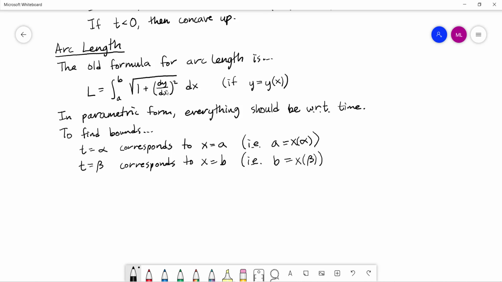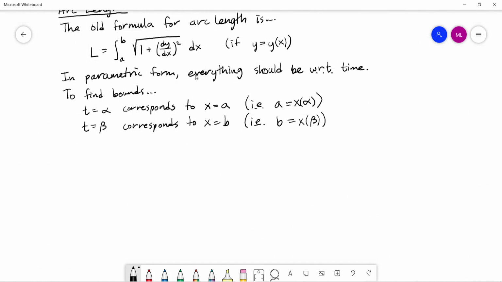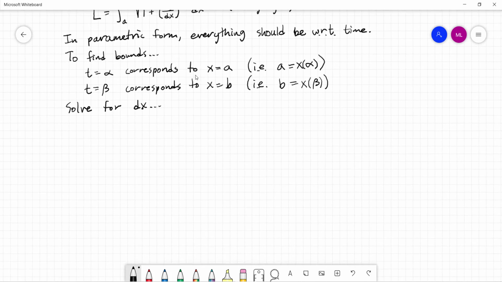So again, we know what dy/dx looks like, but I need to figure out what dx is by itself. So now we need to solve for what dx looks like. We found the bounds, now let's solve for what dx is going to look like.